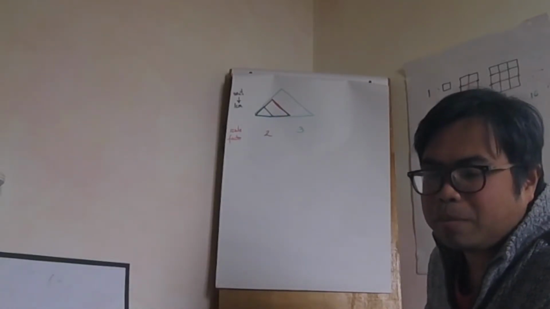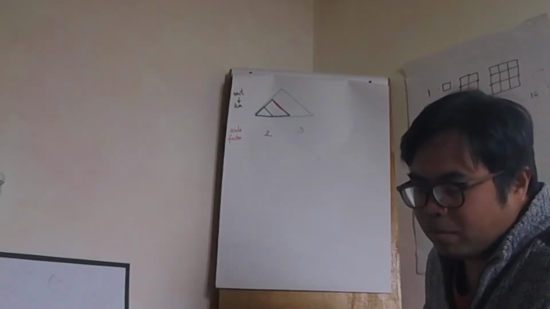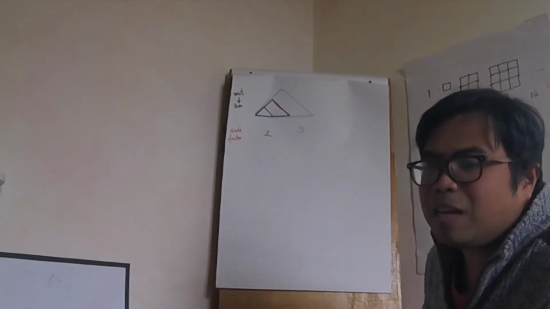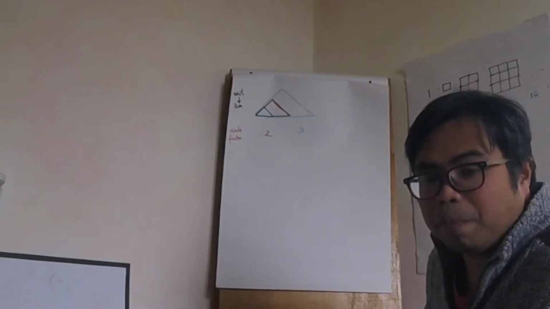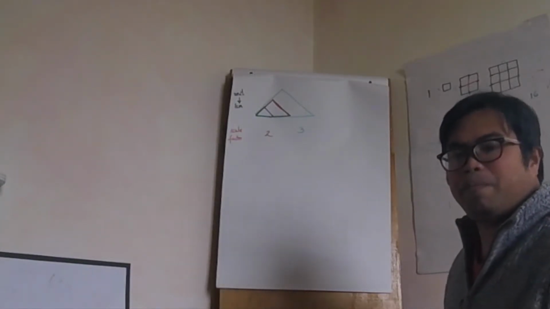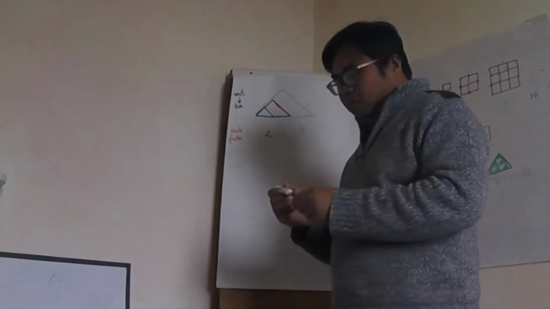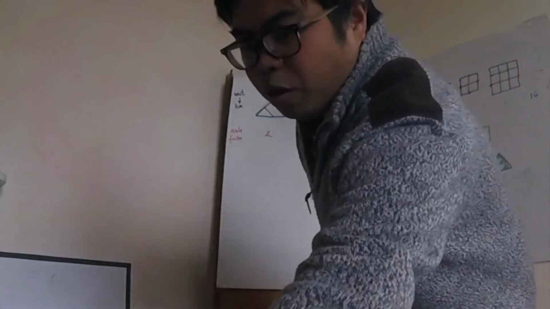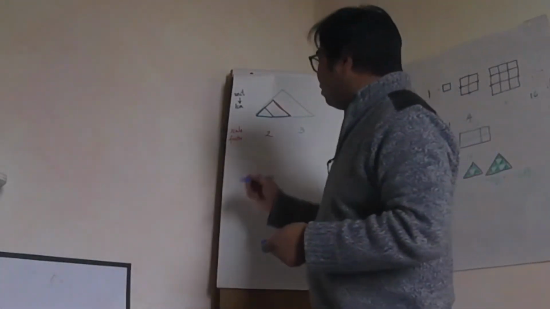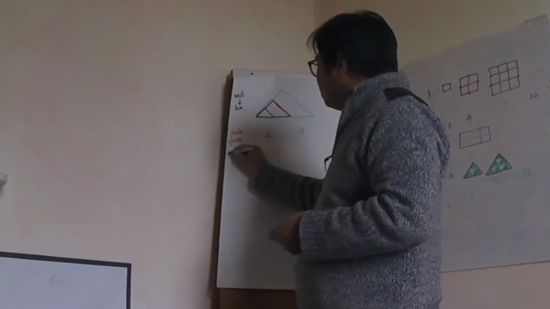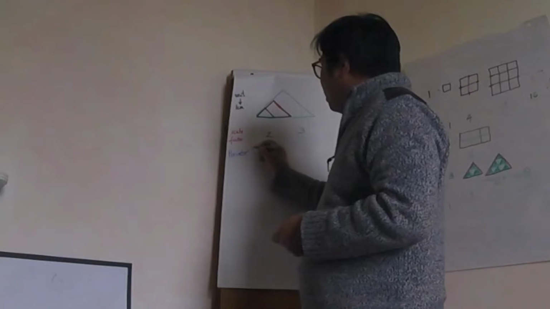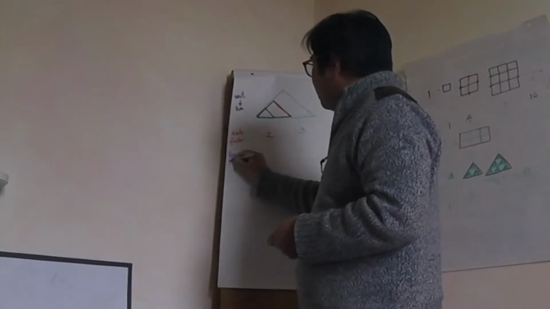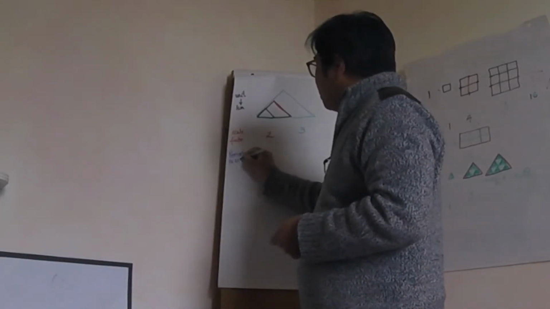What do you call that, when you add all the sides of a figure? That's what we call, yes, thank you, perimeter. So here, oops, wrong spelling. Perimeter.